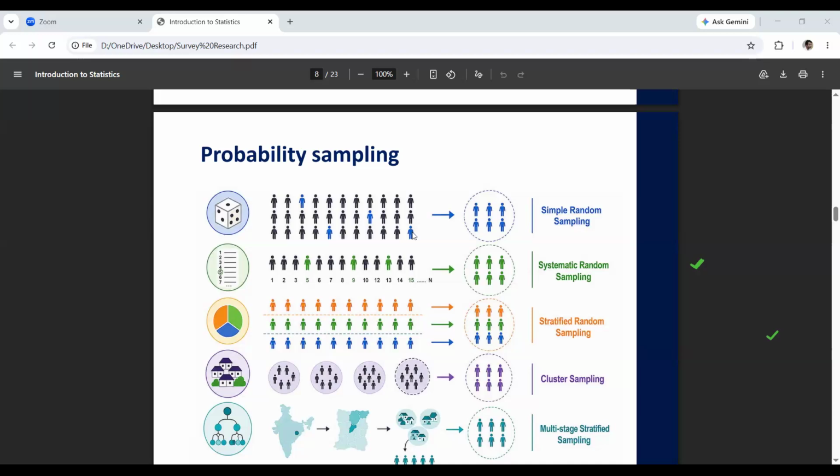But if your aim is to get estimates which are also representative across groups, and the composition of groups in your target population is not homogeneous. Women are not 50%, men are not 50%, all castes are not equal 25%, ऐसे नहीं है. SC भी 25%, ST भी 25%, OBC 25%, none 25%, ये भी composition नहीं है.